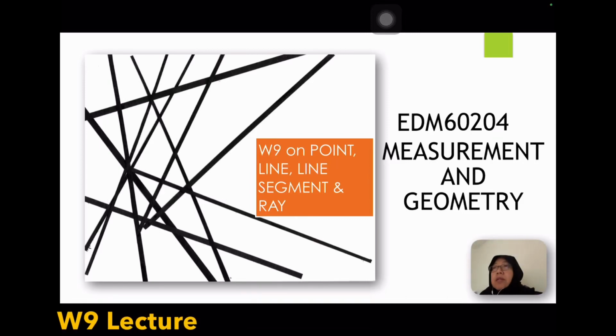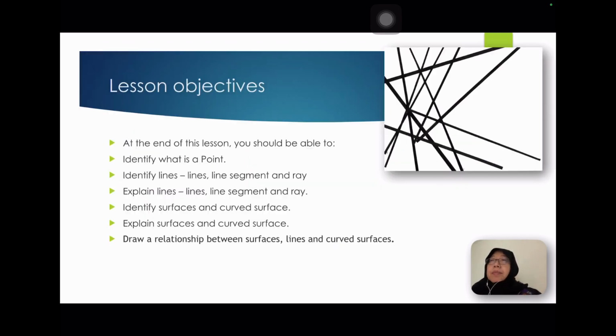Week 9, EDM 60204, and we are looking into point, line, line segment, and also ray. Let's look at the lesson objectives. At the end of this lesson, you should be able to identify what is a point, identify lines.